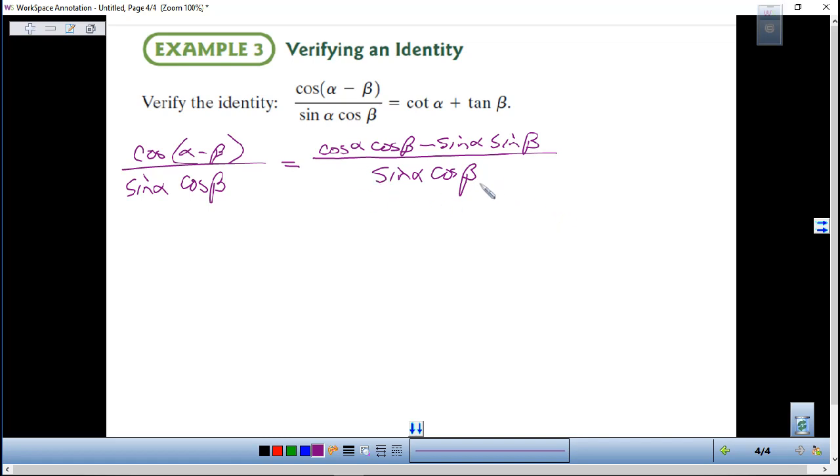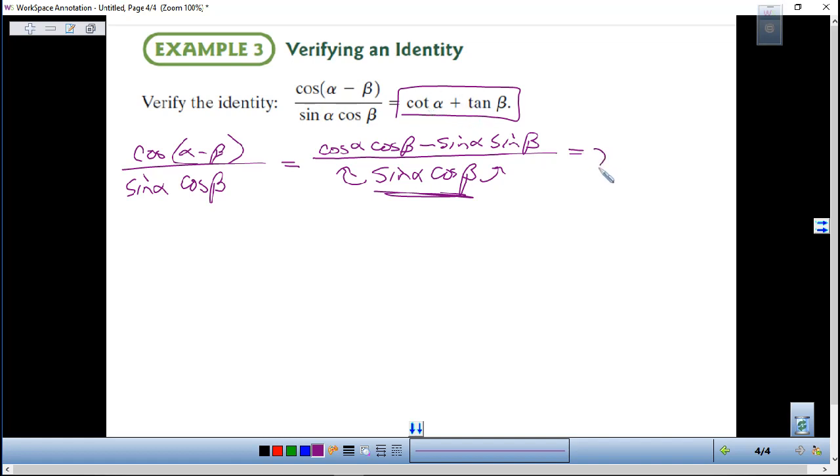Now remember, since we have a single term here, we can divide it into both parts. We're going to split it up. We need two terms because over here, look, we've got two terms. So that's kind of a clue which direction you want to go. You're taking a single term here, you're making it into two terms.